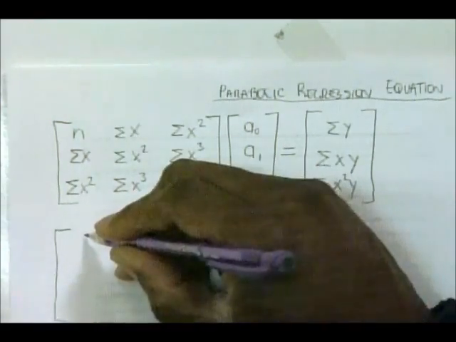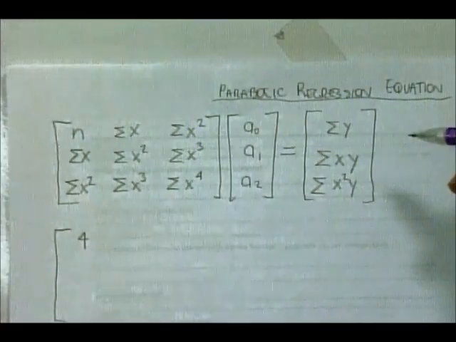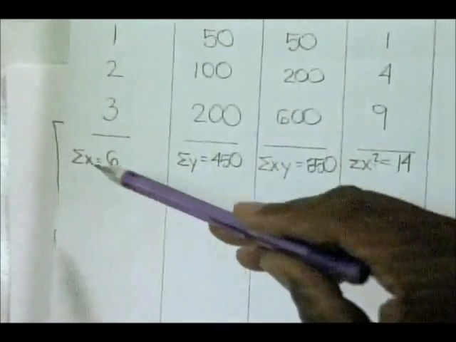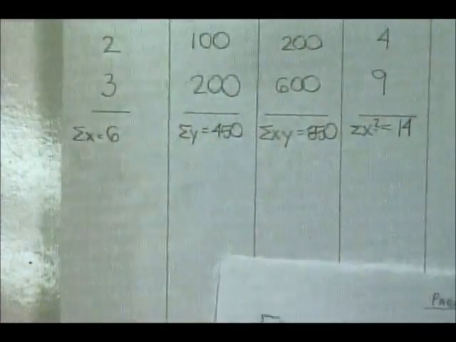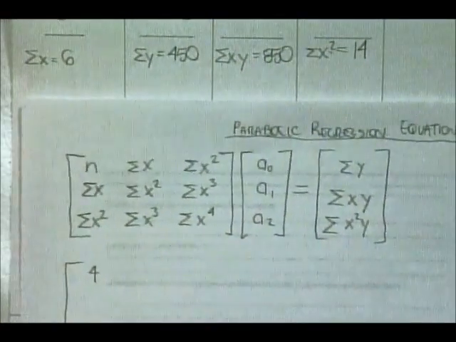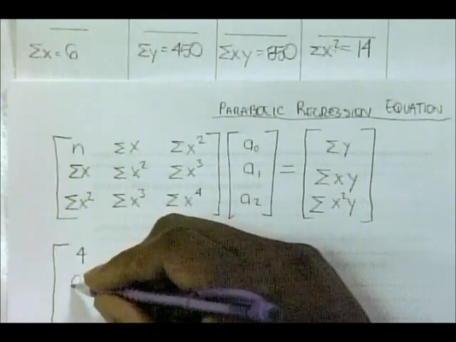All right, so that's 4. The summation of x, we already had that information. The summation of x, we said, was 6. Let's try to put all of this together. The summation of x, we said, was 6.